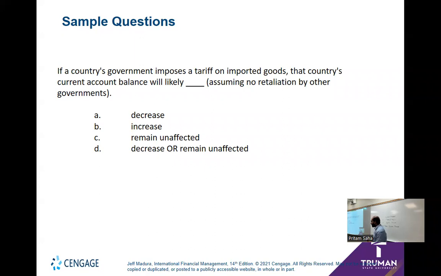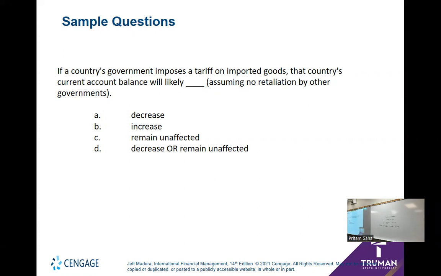At the same time, when they are retaliating, we have to think about exactly on which goods they are doing that. And then we have to think about volume here. Finally, it can decide which way the balance of trade will go. So long story short, you have to understand that if there's a tariff on the import, they're definitely going to reduce the imported products.